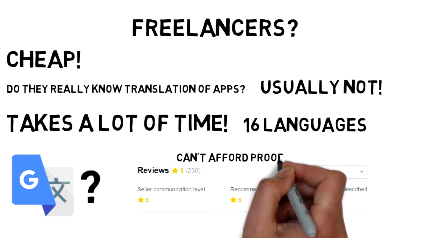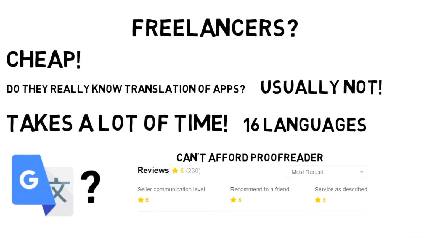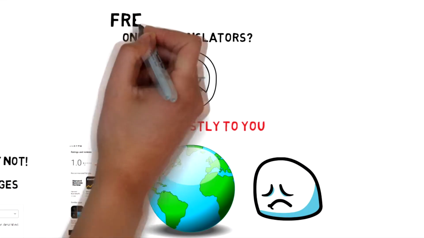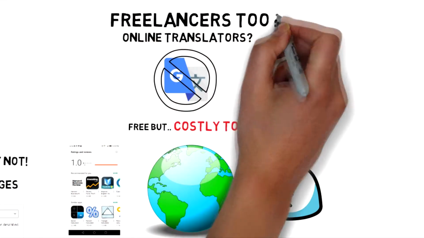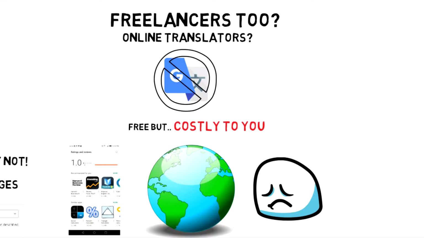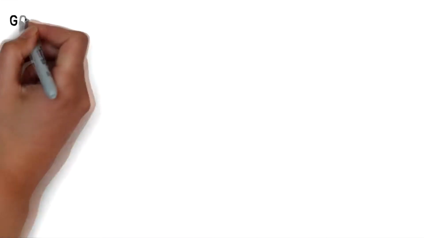And what that means is somebody could get hundreds of 5-star reviews by giving terrible work. Now don't get me wrong, you can get great freelancers, but the risk you take when you use freelancers is massive. If you end up with Google Translate work in just one language, it could tank your reviews and thus installs for every single language.